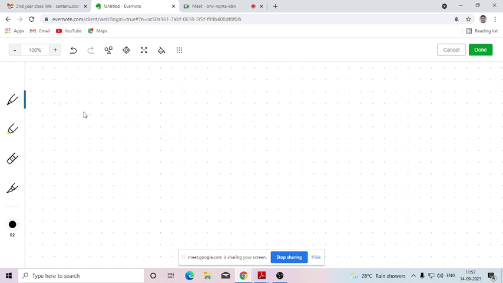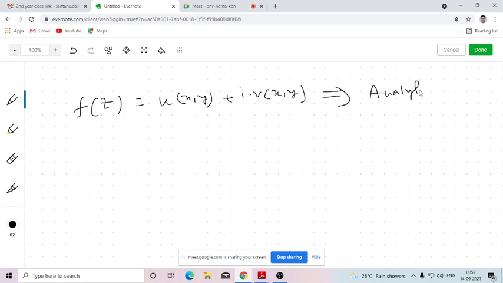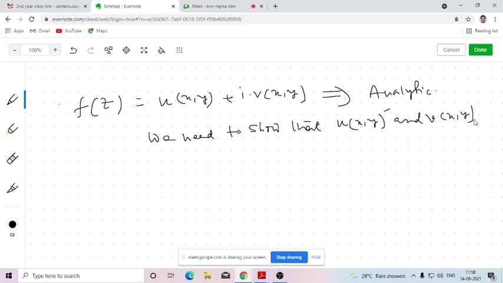Now in general, if the function is given as f(z) equals u(x,y) plus i v(x,y), then we need to show that u and v are harmonic. How can we show that?